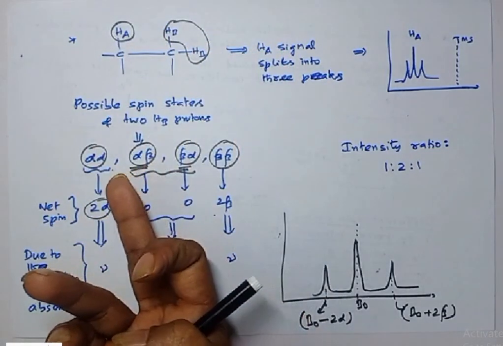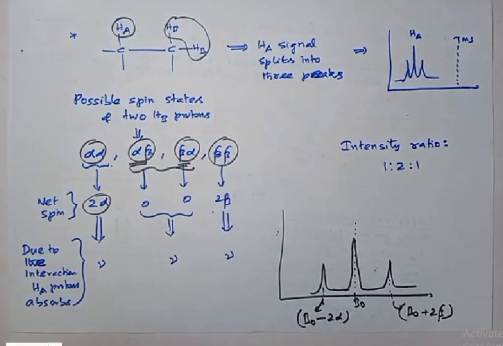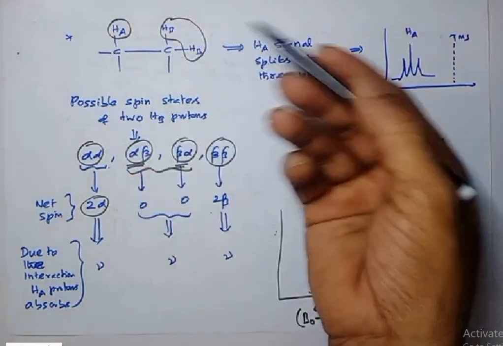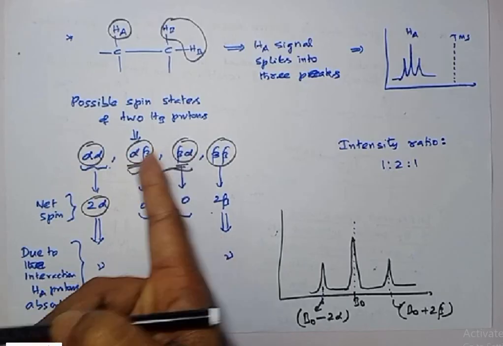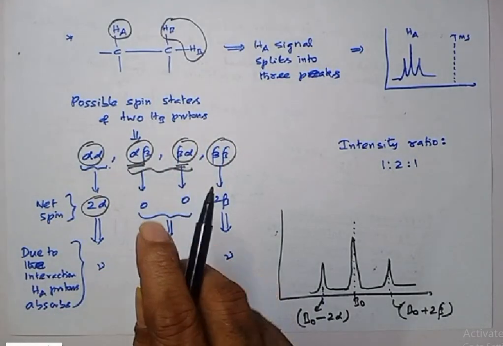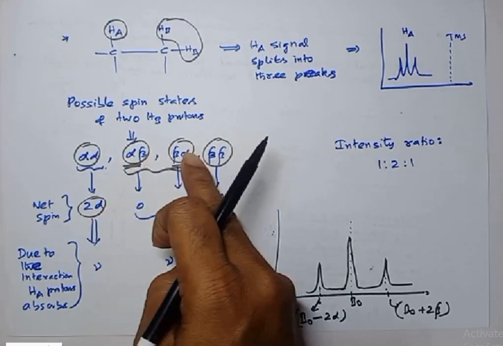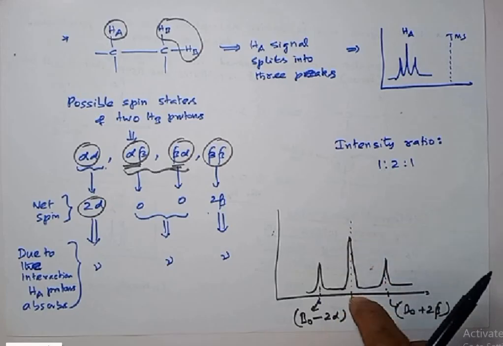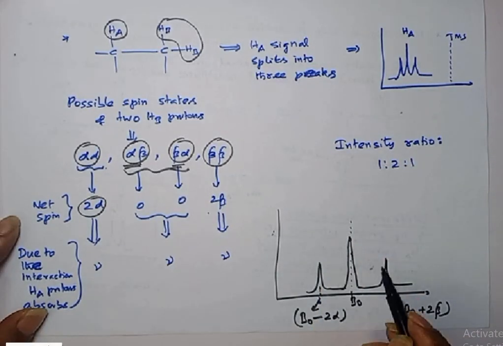In those 4 molecules, I may have this possibility, this possibility, this possibility, this possibility. Now, the possibilities of these two are twice compared to the possibilities of these. Correct? This is one number, but these two are 2 numbers. Therefore, more molecules may have these spin states. That's the reason why that signal has higher intensity. So we get a triplet.